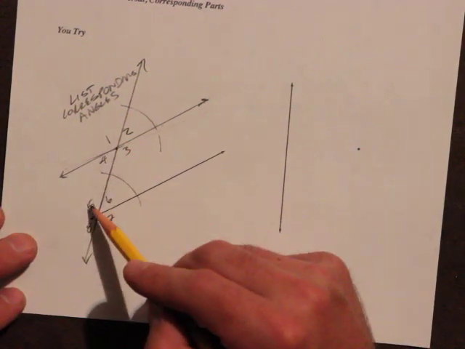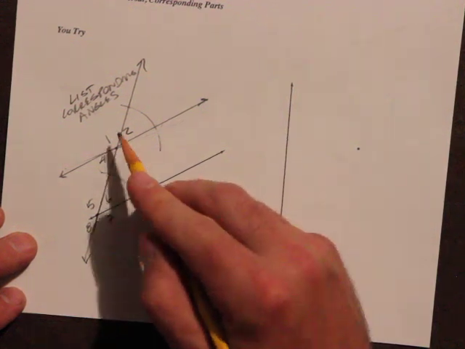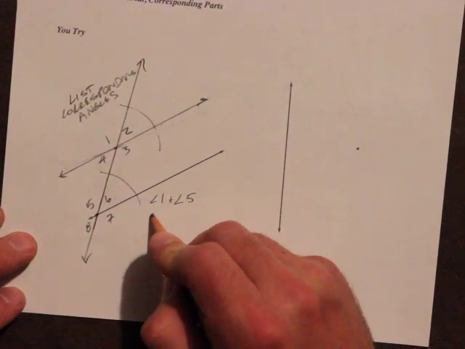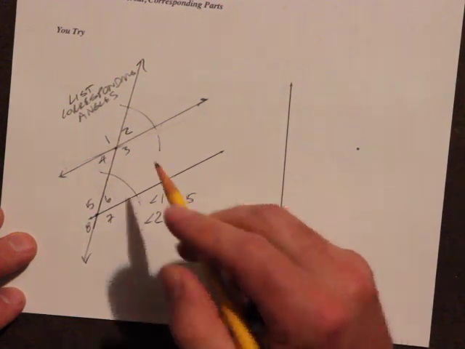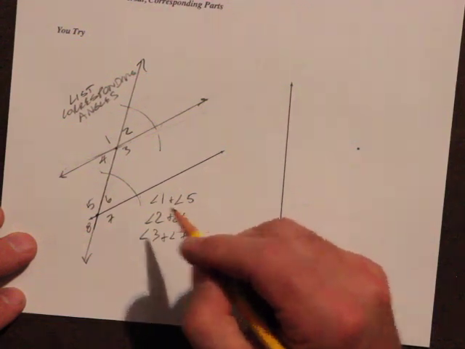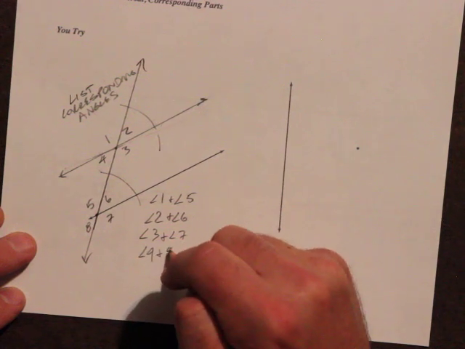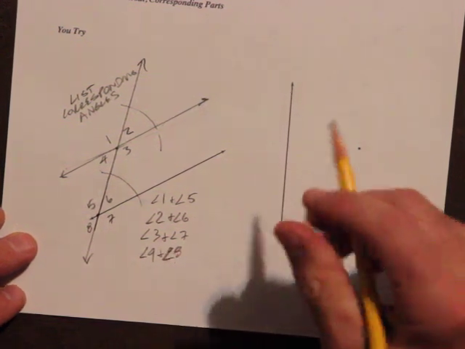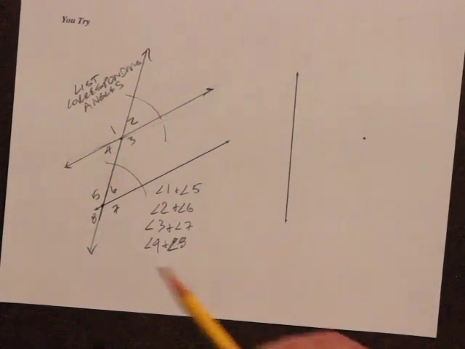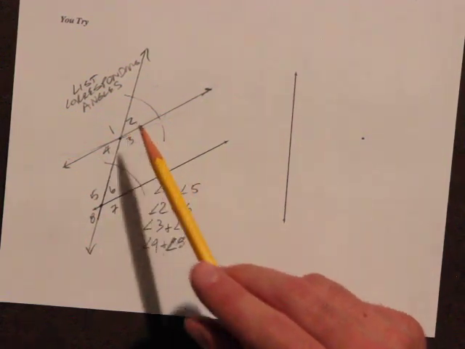So angle 1 and angle 5 are congruent. Those are corresponding angles. 2 and 6, 3 and 7, and 4 and 8. Those are all the corresponding angles, and remember, corresponding angles are congruent if your transversal is going through two parallel lines.